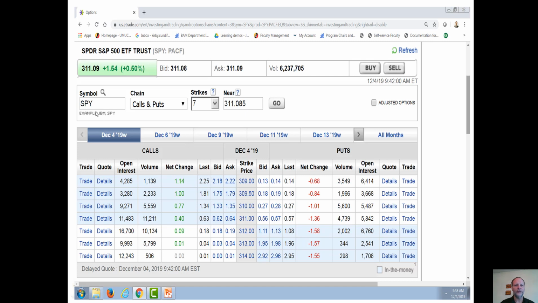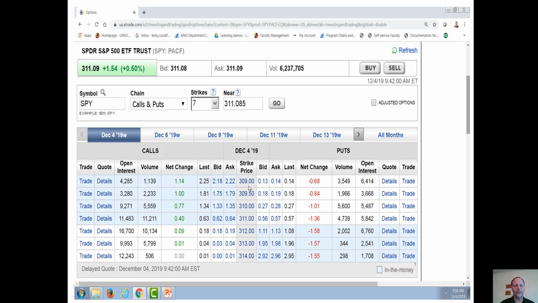For example, this is the S&P 500, the spiders, and at this point in time, they had a spot price, the current stock price, of 311.09, and we can look at how the value of both calls and puts are going to change as the strike price changes.